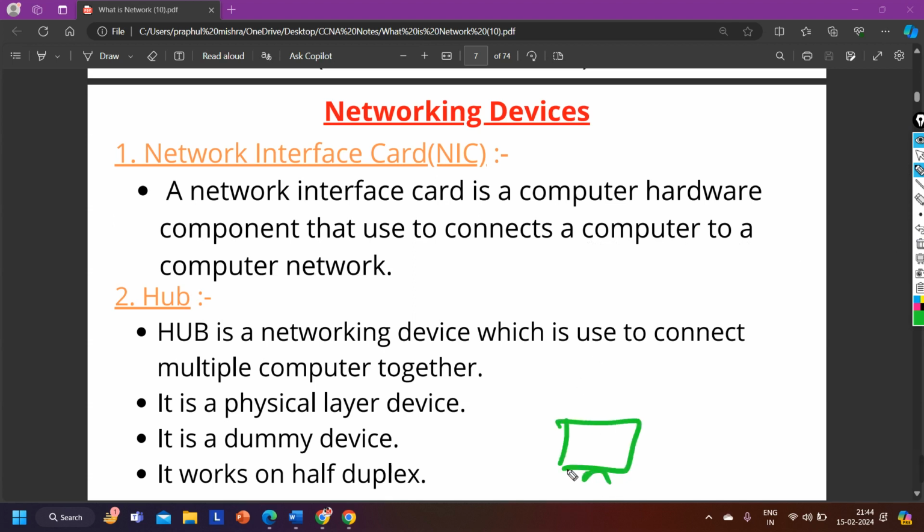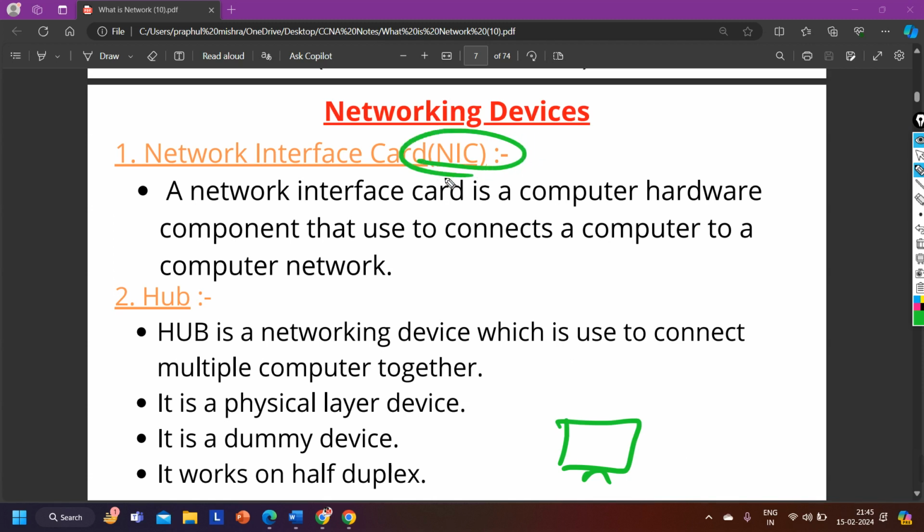Let's say you have one PC and you want to connect this PC to any other networking device, maybe another PC, a switch, or a router. What do you need on the PC guys? You need an interface, yes or no? You need a port. You can say port, you can say interface, both are the same. Getting my point? That is called NIC, network interface card.